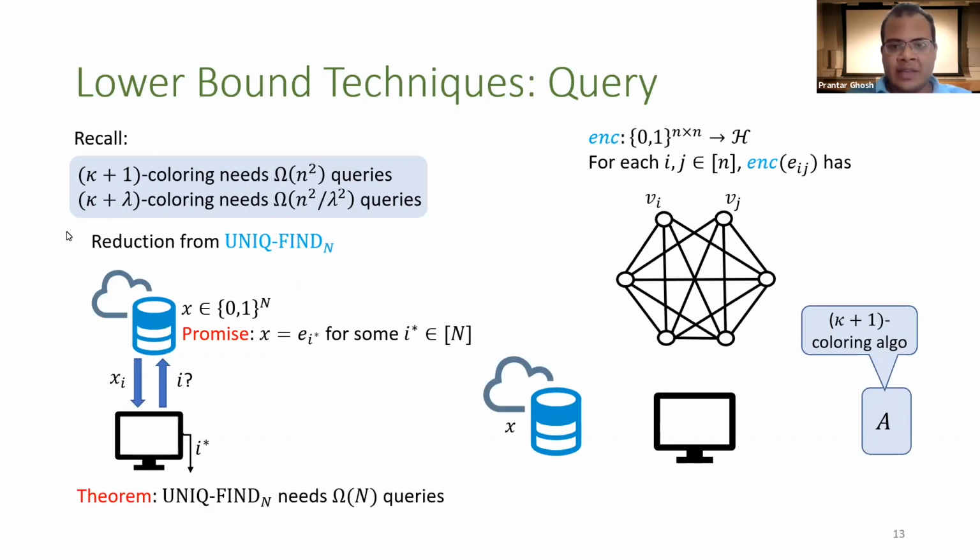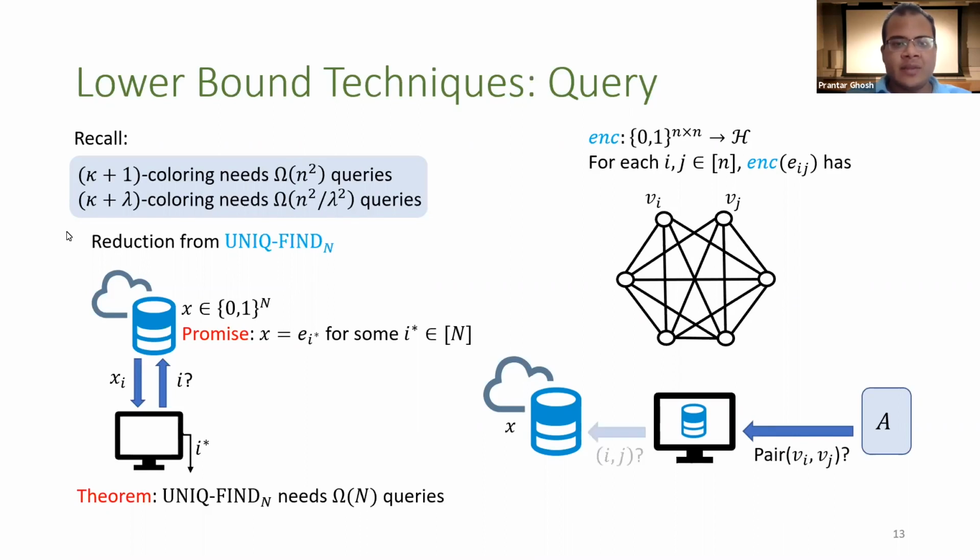So once again we leverage the clique minus 1 edge structure, and therefore we can simulate the query algorithm like this: given a kappa plus 1 coloring algorithm, we emulate a graph oracle ourselves. When the algorithm queries a pair vi vj, we query the oracle for the corresponding ijth bit and send the algorithm the encoding of xij, which respects the graph encoding of x.